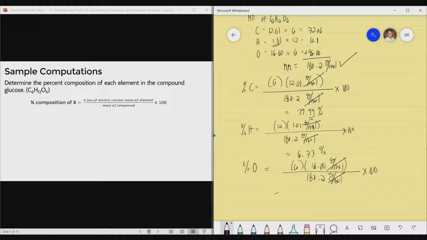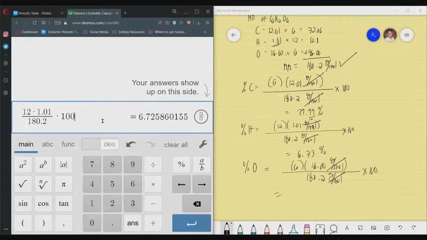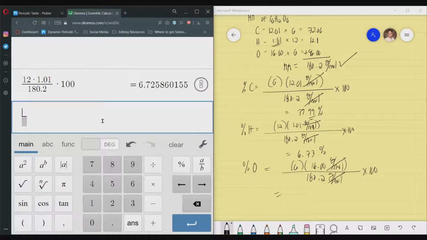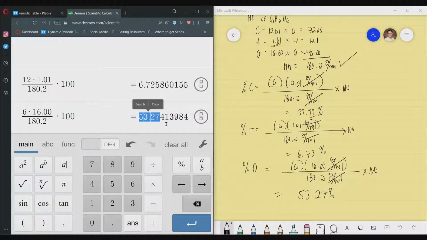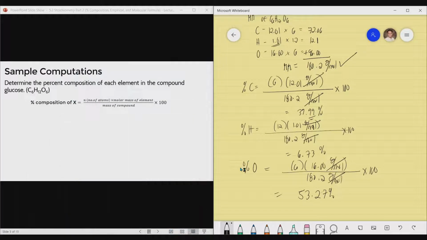Cancel grams per mole, and then input this in the calculator. I have 6 times 16.00 all over 180.2 times 100. We have 53.27 percent, again rounding it off up until 2 decimal places in the context of percent composition.